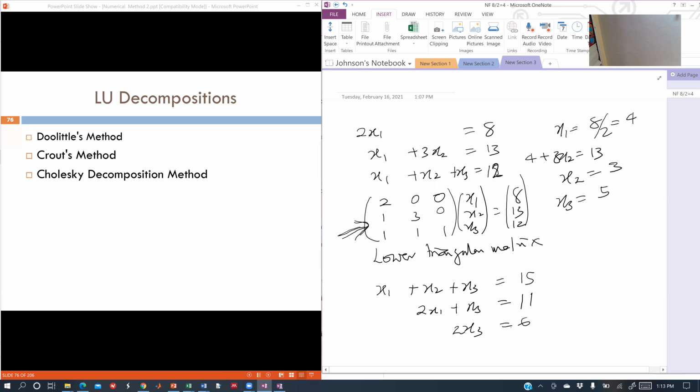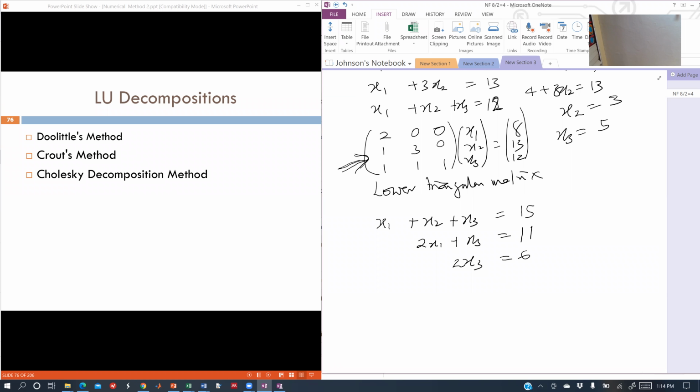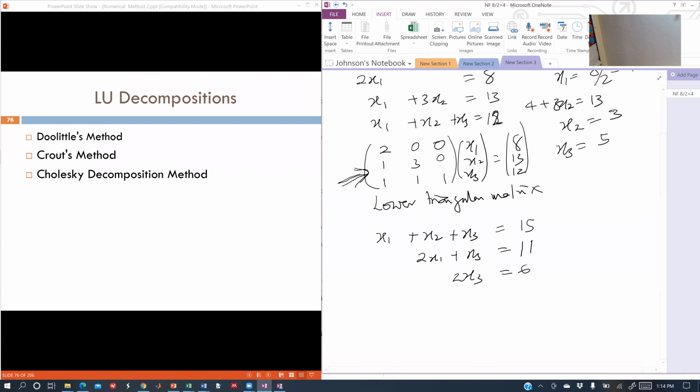This system also has some similarities with the very first system I solved, because it can be solved easily by starting from the bottom up. This time we call it back substitution.